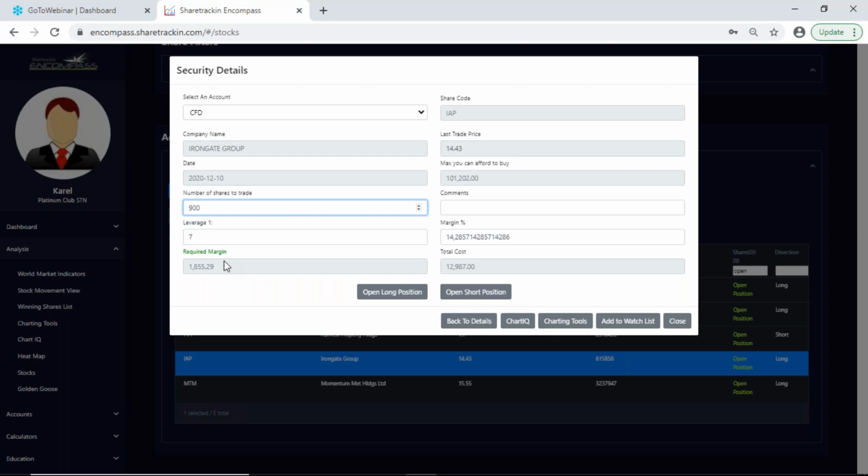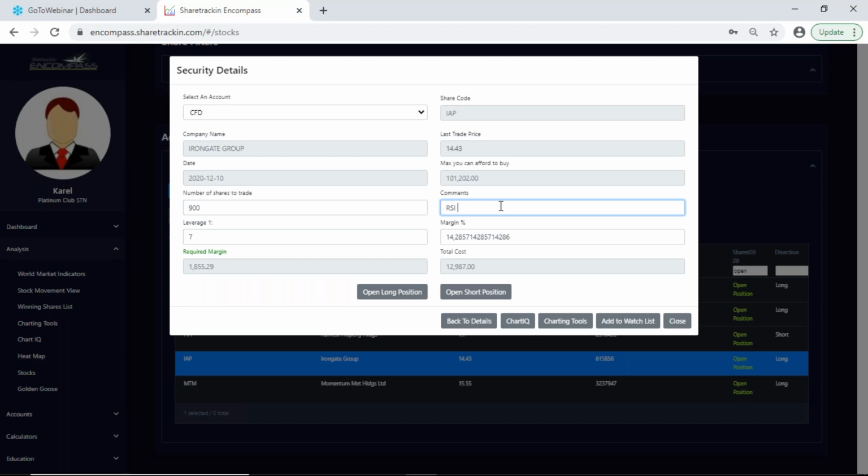Just by paying that amount, I am going to make the gains as well as losses as if that share is worth 12,987 Rand. Okay. Because the share is going to go up, I'm going to open a long position. So I say open long position. But I forgot to fill in a comment.